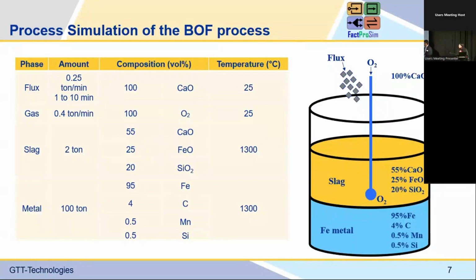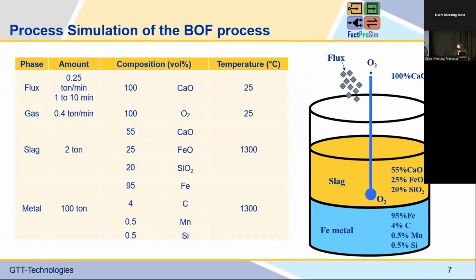If you look in more detail, we want to model a bit more closely the flux phase. We want to put in 0.25 tons per minute. So we can now scale the time from the start to the first 10 minutes of the process, which is a 15-minute process.